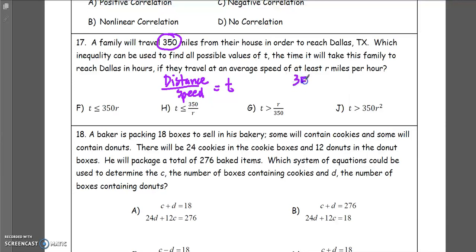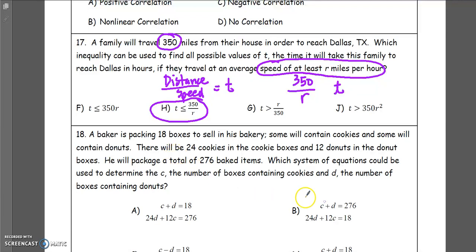So we've got 350 miles divided by their speed, and the speed they told us was at least r miles per hour, so we're going to divide that by r. So, and then of course we have our t. So looking at all of our answer choices, the only one that would remotely look like this would be H, where we have 350 divided by the r. So H is going to be our correct answer.